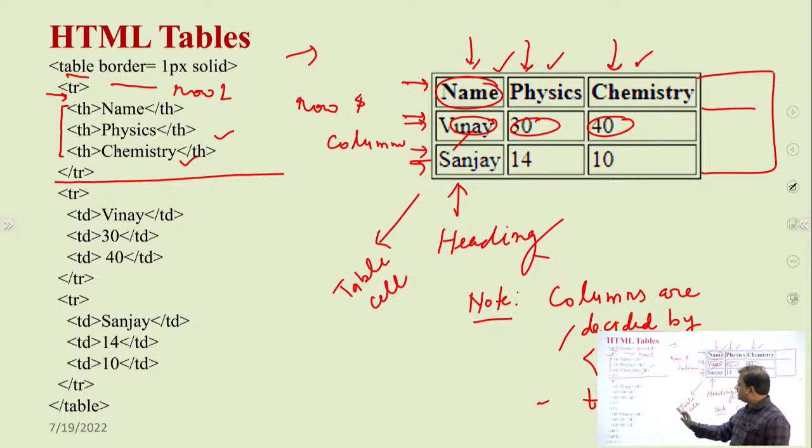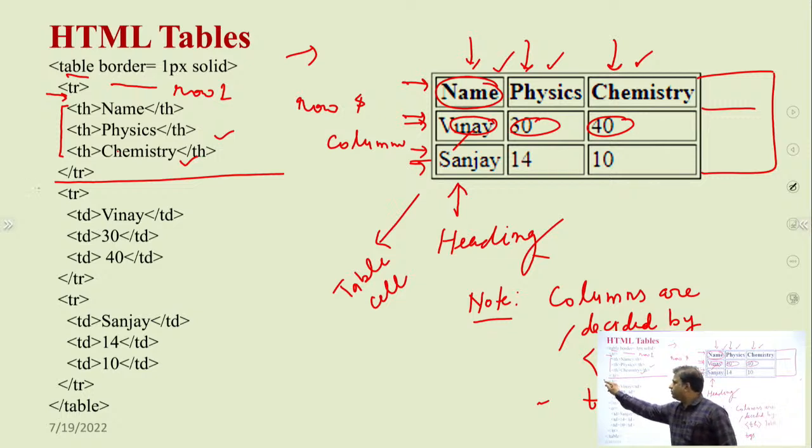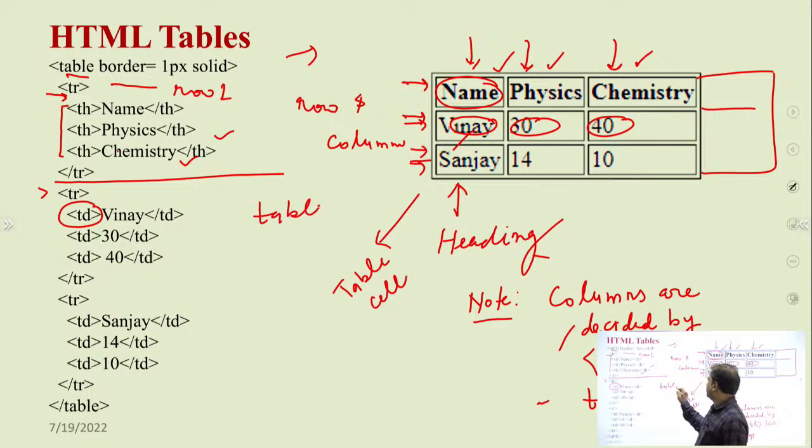Now I want to insert the data into these table cells. How can I do it? Next I will create a new row. Now, TD, table data. TD stands for table data.